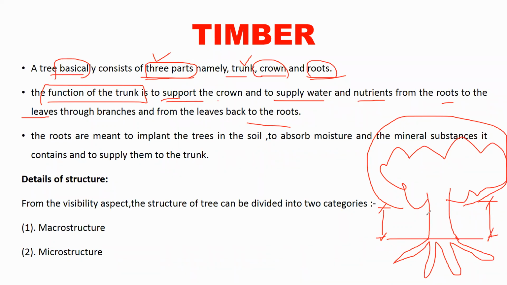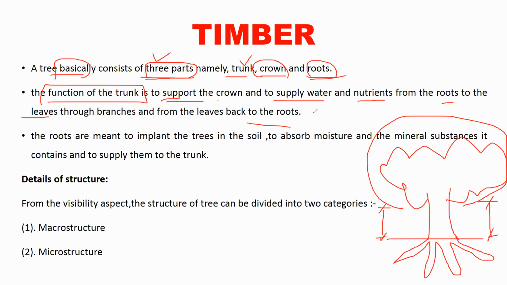Finally, the water and nutrients go from roots to the leaves by the trunk. Understood? So this is the function of the trunk. Here 2 functions are there: supporting the crown, and supplying water and nutrients from the roots to the leaves.